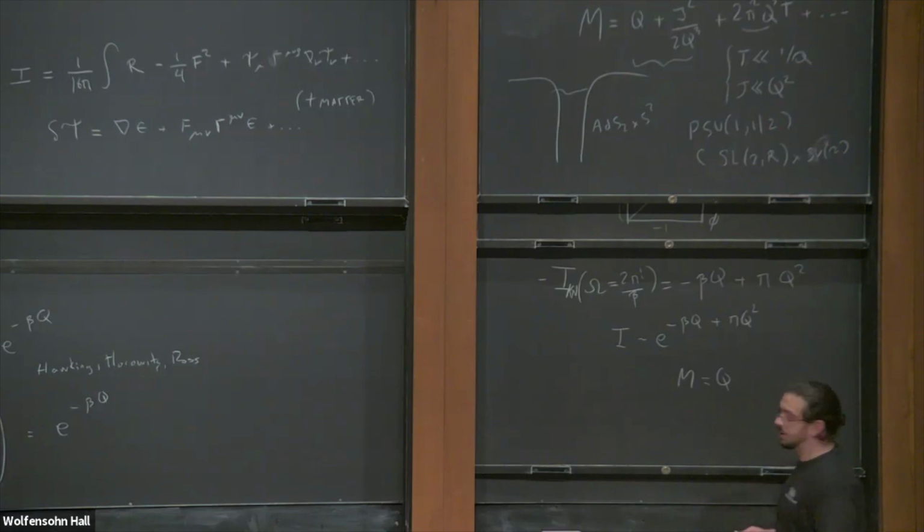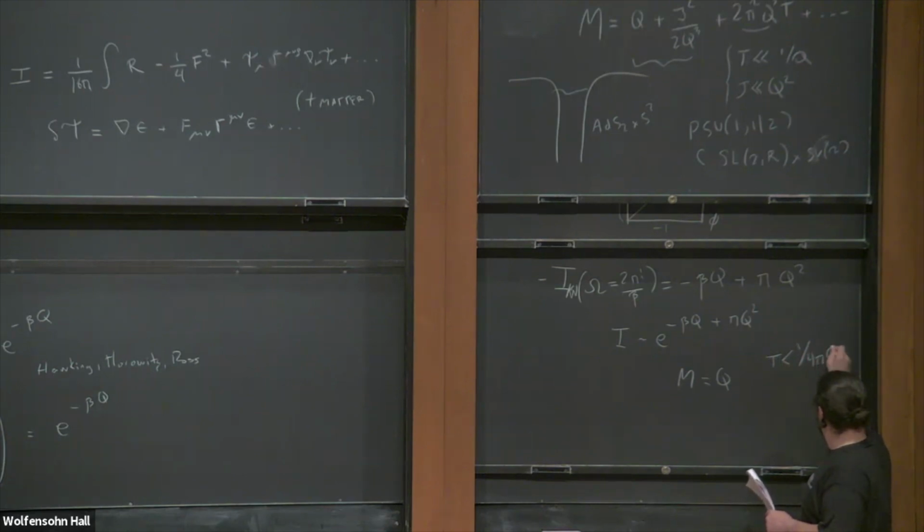And also, as was discussed before, the Euclidean solution is completely real, at least for temperature bigger than 1/4 pi q. I think r plus becomes complex otherwise, but at least for this range of energy, the Euclidean metric is real.